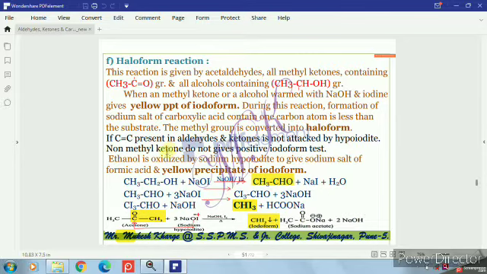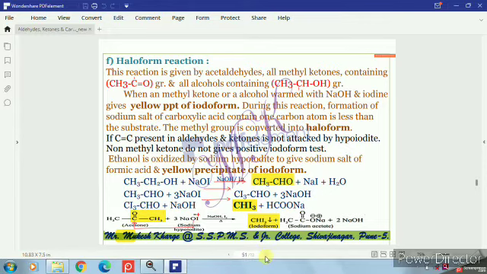It remains intact in your compound. Only the aldehyde and ketone get oxidized. And non-methyl ketones, meaning those compounds which do not contain the CH3CO group, do not give a positive iodoform test; they show a negative iodoform test. So keep in your mind these 2 points, as they may be asked in a multiple choice question.